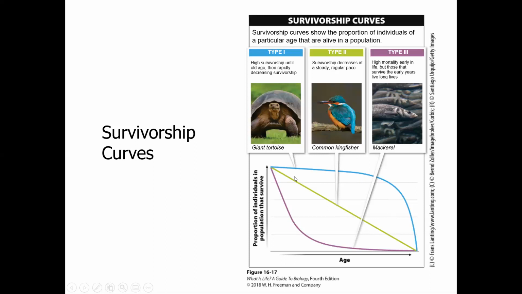And then type 3, this line in purple, is where you have high mortality early on, so a lot of individuals don't make it at the beginning. And then the individuals that do survive reach maturity and are more likely to survive. In this case, we have our mackerel that don't survive those early years, but through a numbers game, those individuals that do make it survive the overall course.